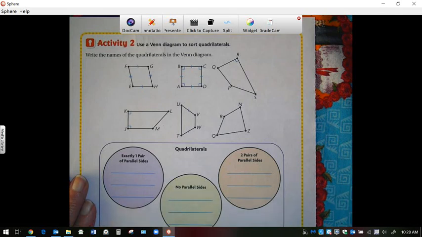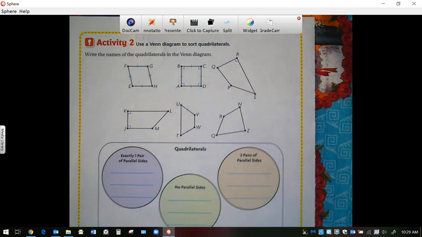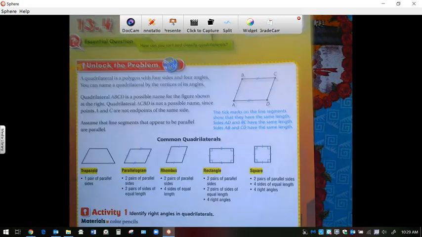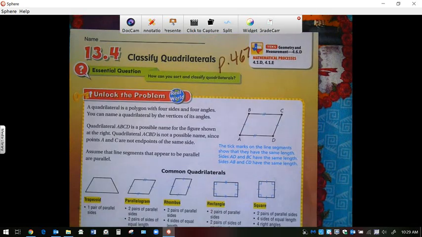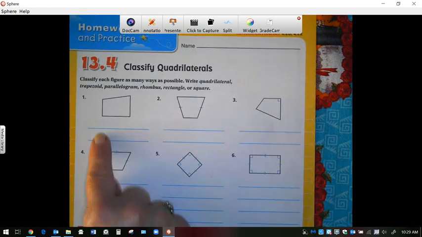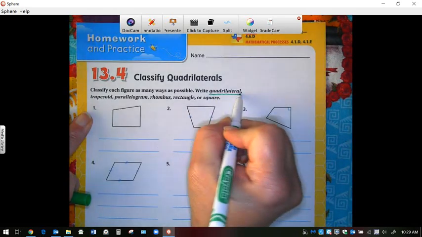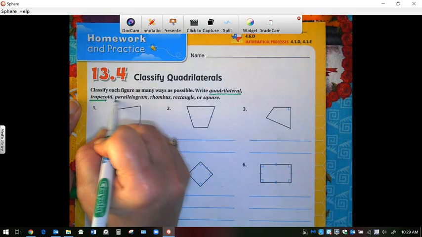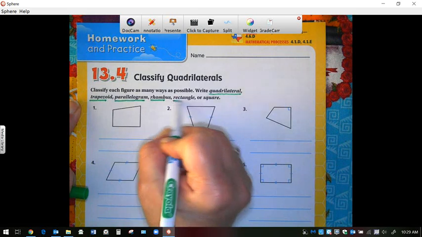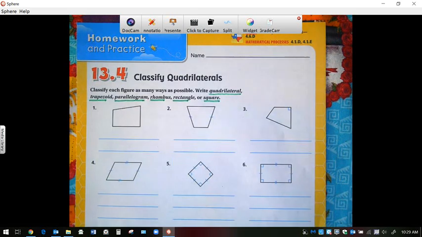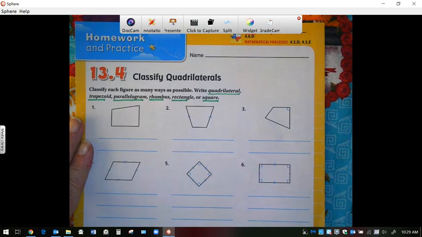So you'll just write which ones have the key features, exactly 1 pair, and you're going to use your notes that you took from my notes, or you can use the front page. Here, you're just going to classify, and it tells you here if it's a quadrilateral, trapezoid, parallelogram, rhombus, rectangle, or square. Okay? So, you're just going to write down the features.